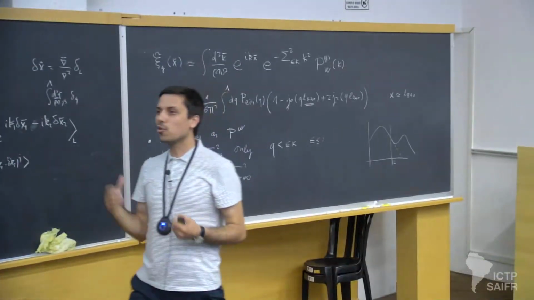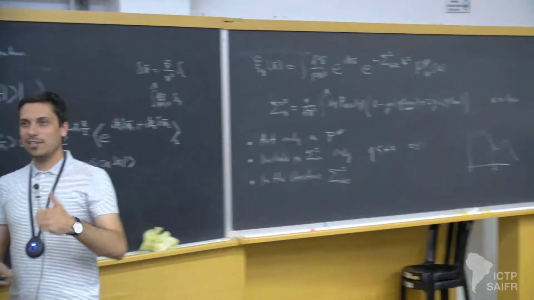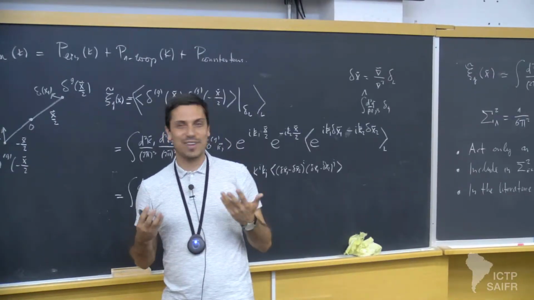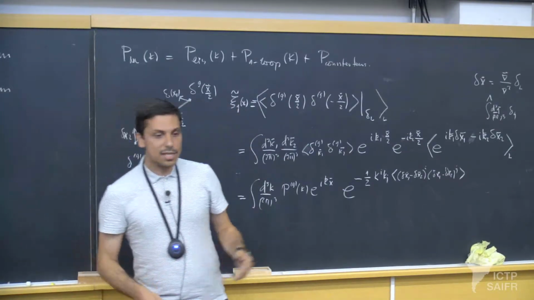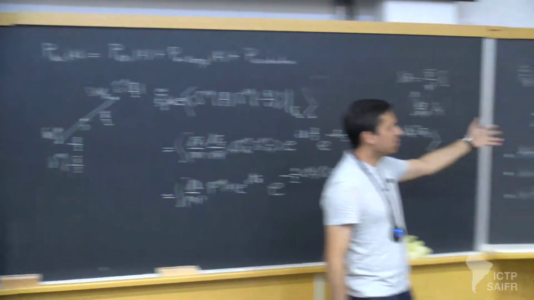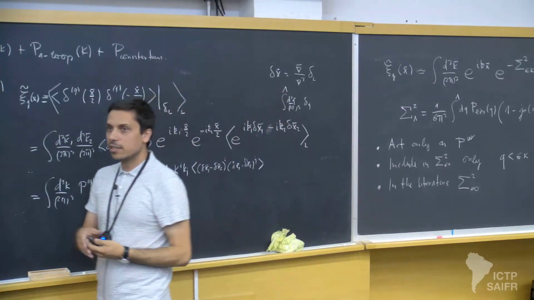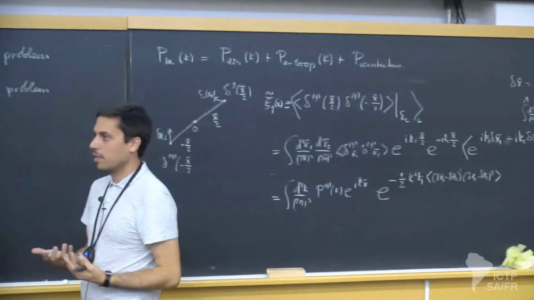So how do we improve the situation? Well, one way is to integrate to infinity, but it's not a satisfactory way. The other way to improve it is to realize that this thing, if I just use the linear theory and these shifts, is only the leading term. I can do better.